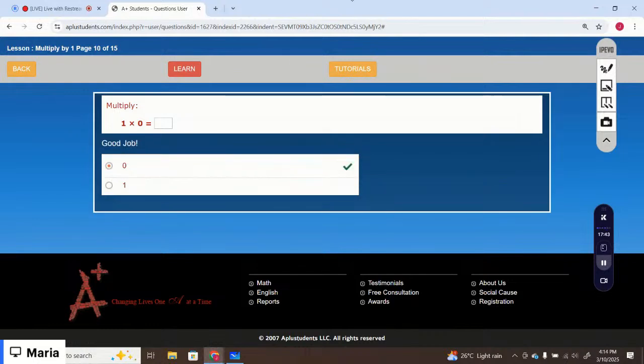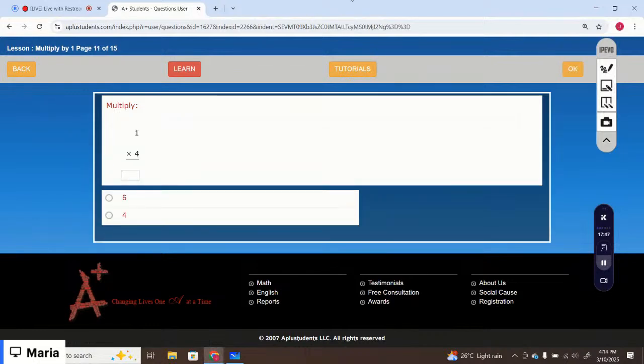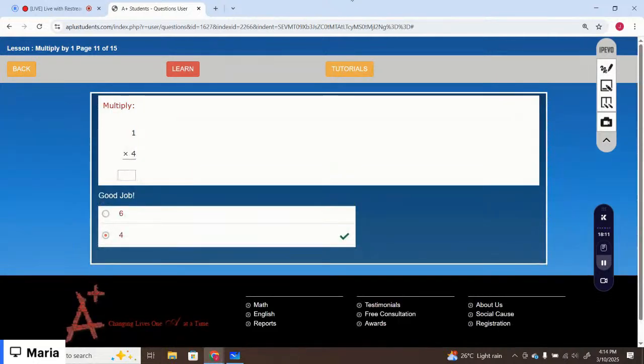Option number 1 is the correct option. 1 times 4 equals 4. Option number 2 is the correct option.